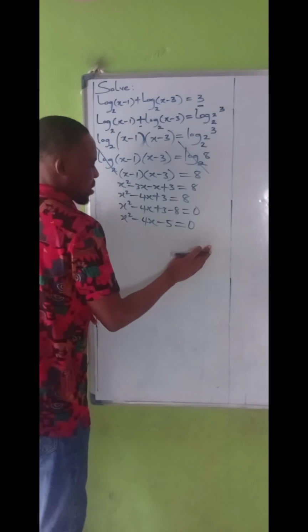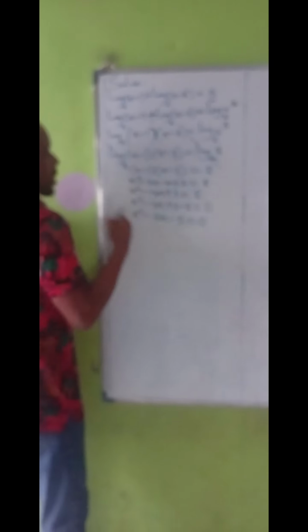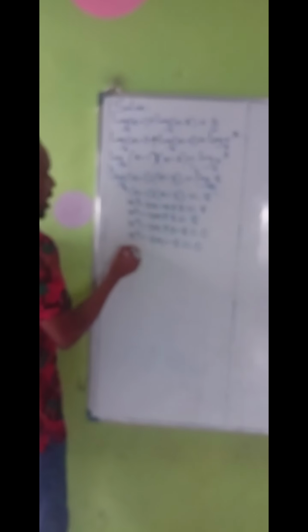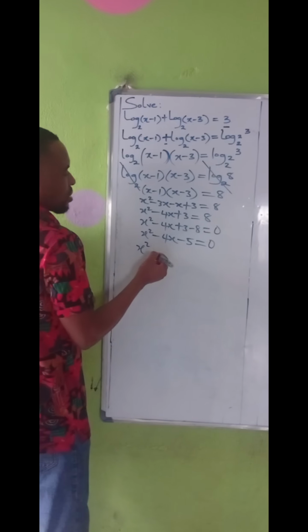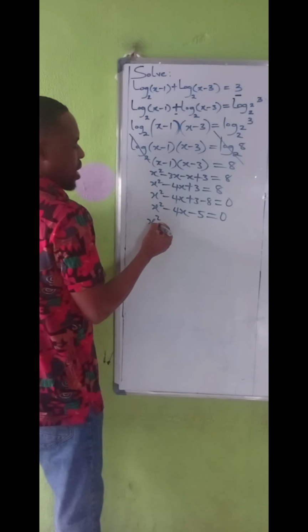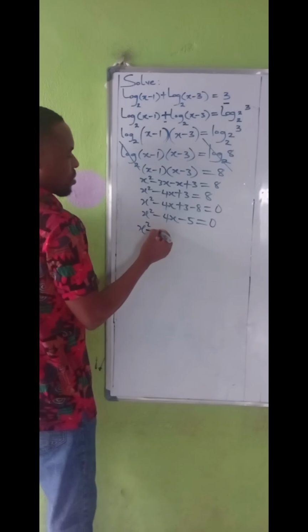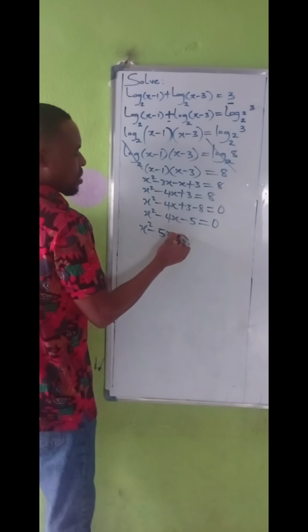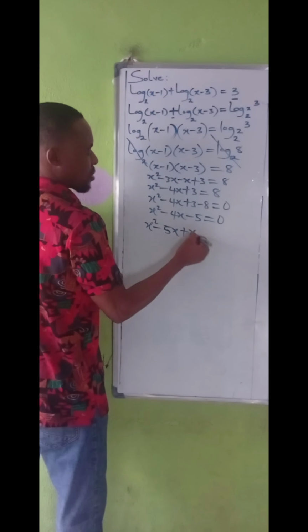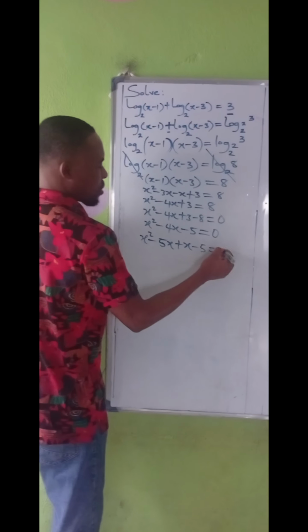This is now a quadratic equation, so let's factorize. We replace the middle term with its factors: x squared minus 5x plus x minus 5 equals 0.